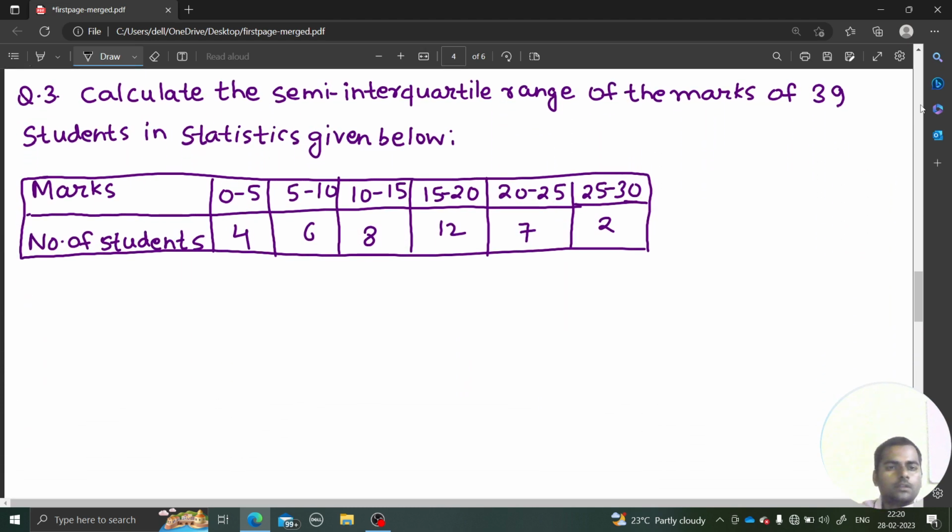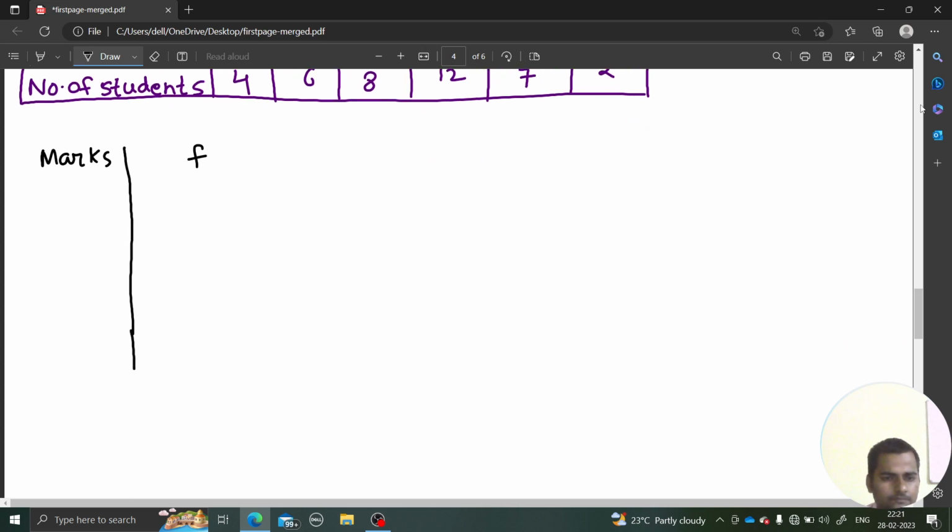Okay, so first of all I need to make some adjustment. That means I have to make the table. So this is your marks, and this is the frequencies, in short, number of students.